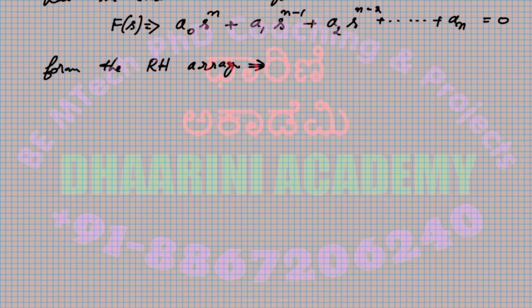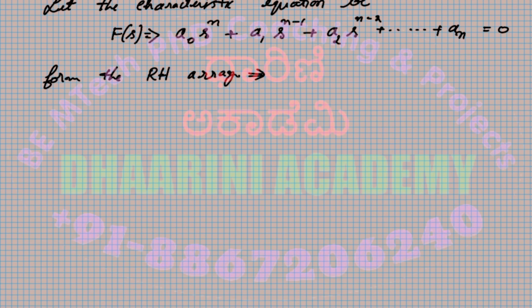We write the powers of s, starting from the highest power of the given problem: s to the n, then s to the n minus 1, s to the n minus 2, s to the n minus 3, and so on.